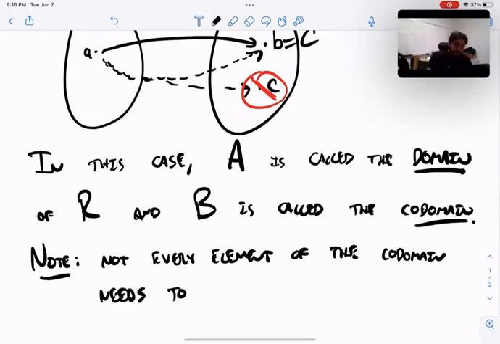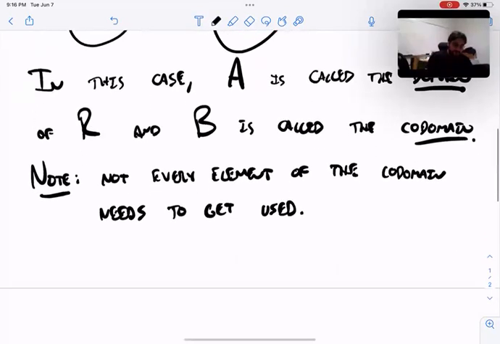Because not every element needs to get used, we then define the range. The range is the set of all elements in B that actually get paired to.